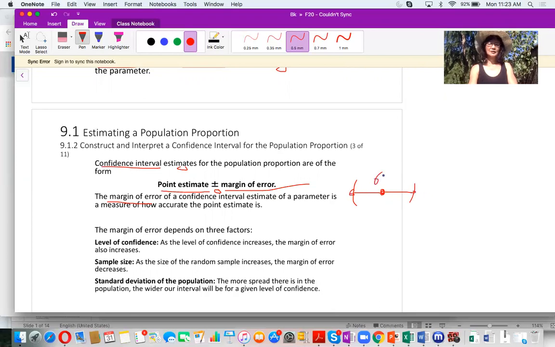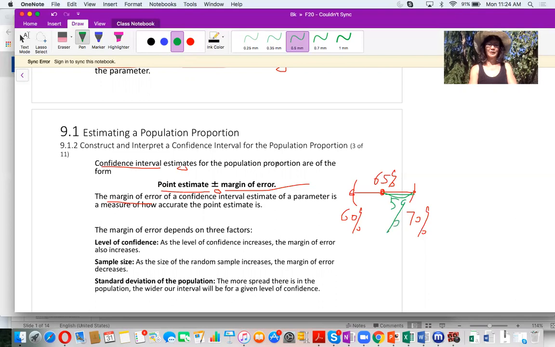Suppose the part-time job percentage of students is 65%. Based on this point, you get a confidence interval: the population percentage of students having a part-time job is anywhere between 60% to 70%. In this diagram, which line represents the margin of error? From here to here, that is the margin of error. So this is 5%. The margin of error is 5%.